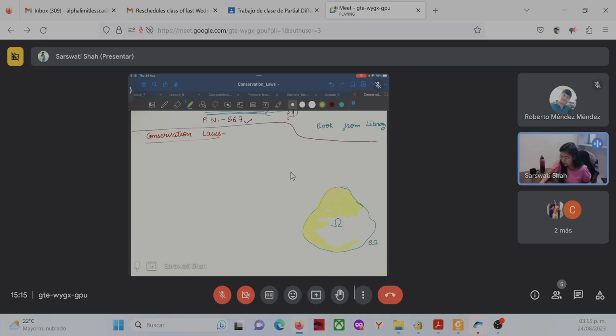This is the region of our interest. So consider a domain omega contained in R^n.